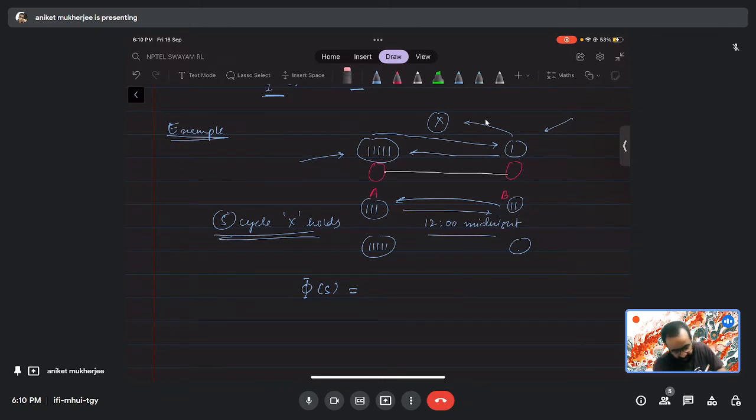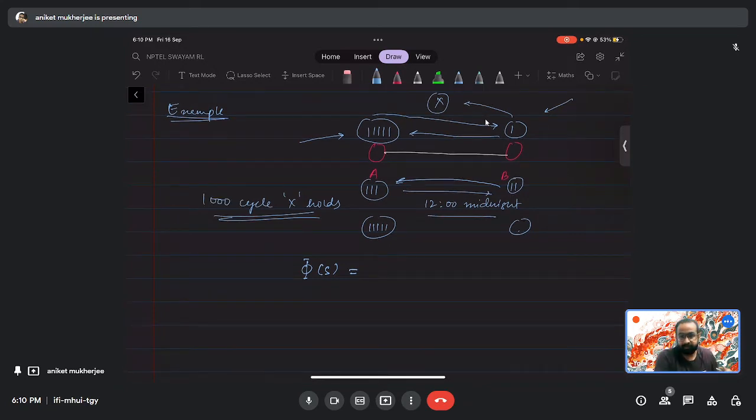X could have like 1,000 cycles, so what could one feature of X be? Let us keep it 5.